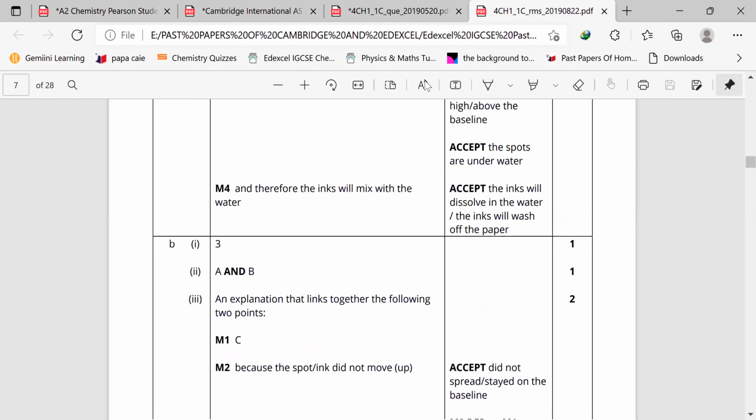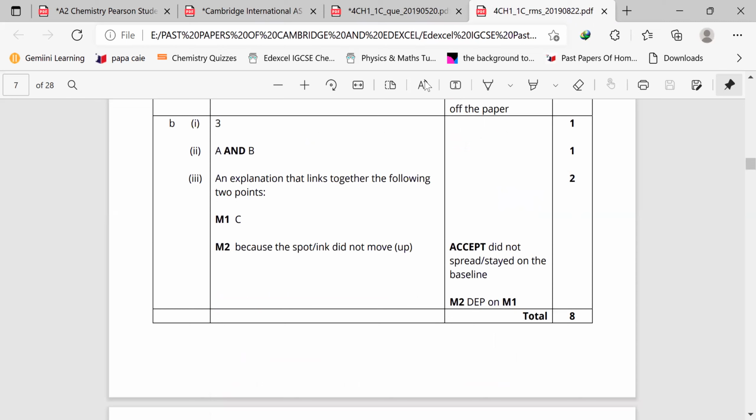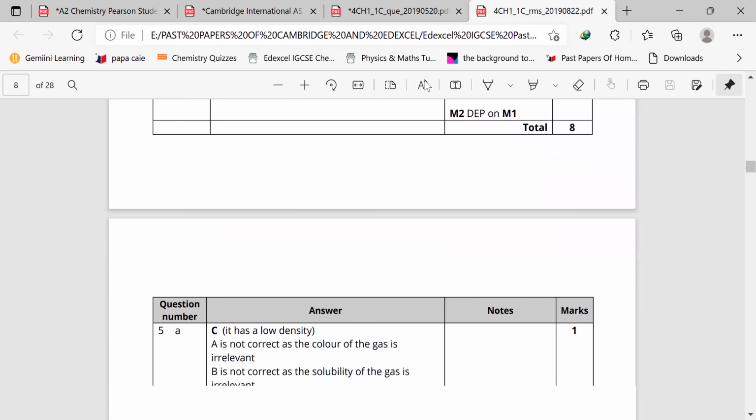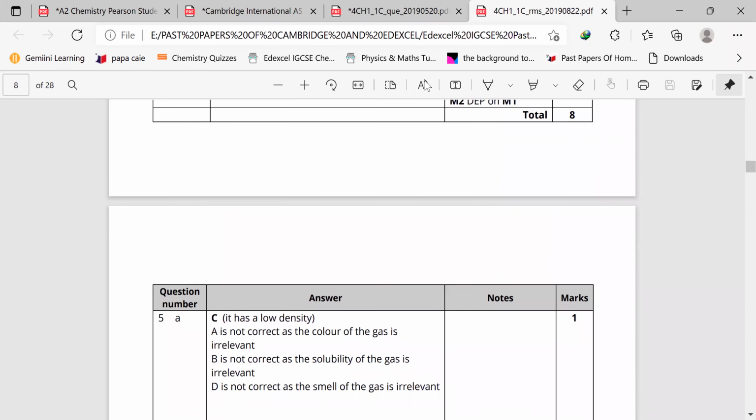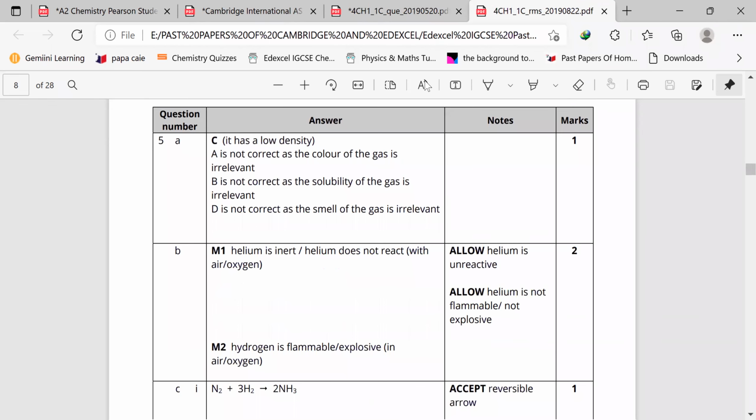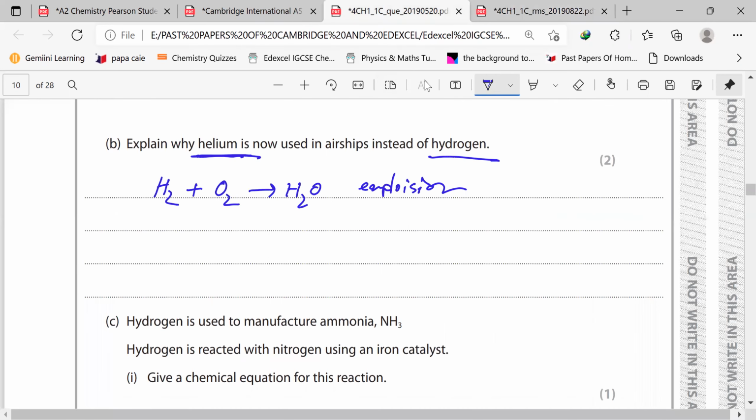Yes, that's fine. Hydrogen is flammable, right? Helium is inert, helium does not react, so mark 1, and hydrogen is flammable or explosive, so we wrote it. You can use this term flammable. Flammable is a good term.